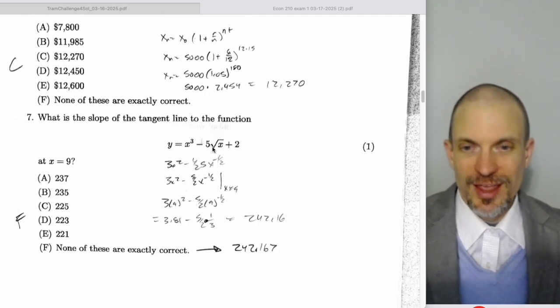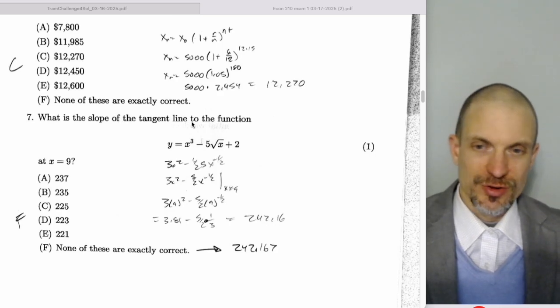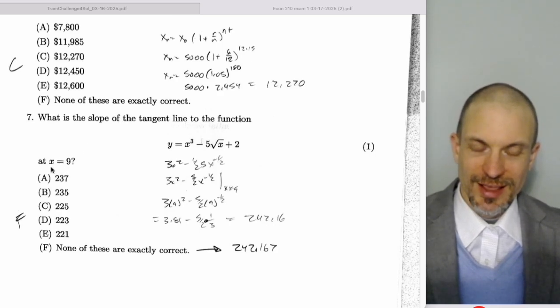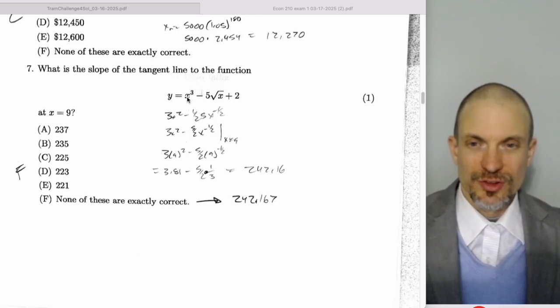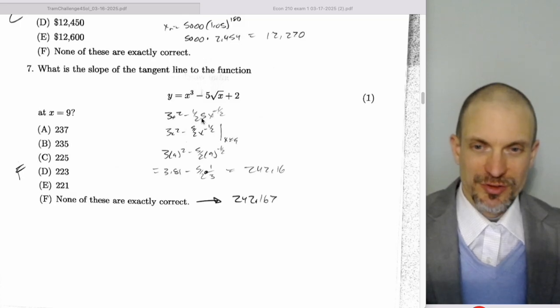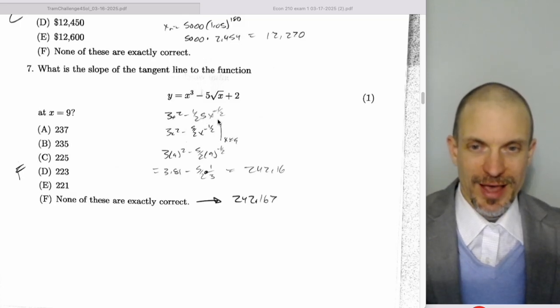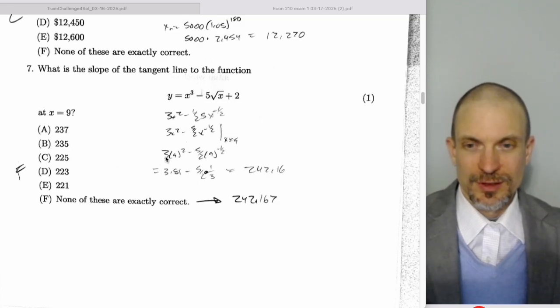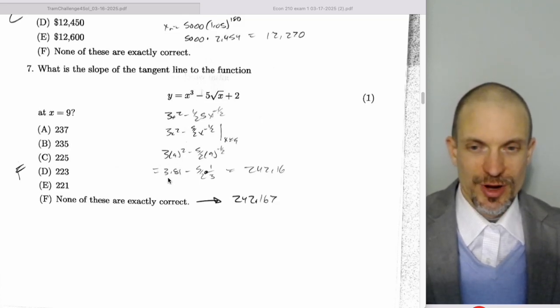What's the slope of the line tangent to the function? So what I want to do is find the derivative, then evaluate it at x equals 9. Okay, so the derivative here is going to be 3x squared minus 1/2 times minus 5, x to the minus 1/2, evaluated at x equals 9. 3 times 9 squared is 3 times 81, minus 2.5 times 1 over the square root of 9.